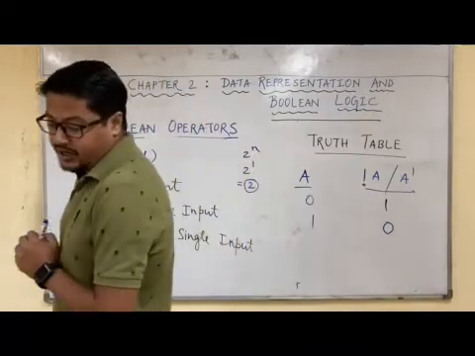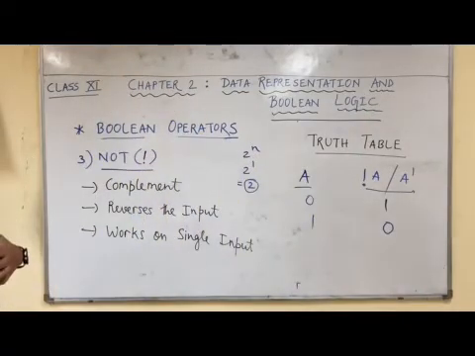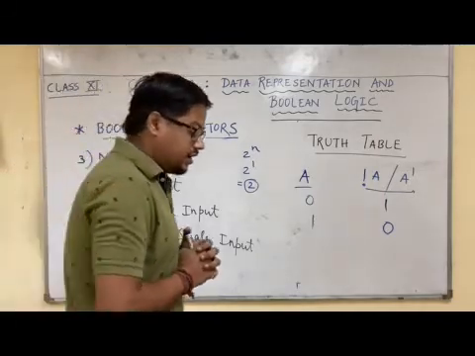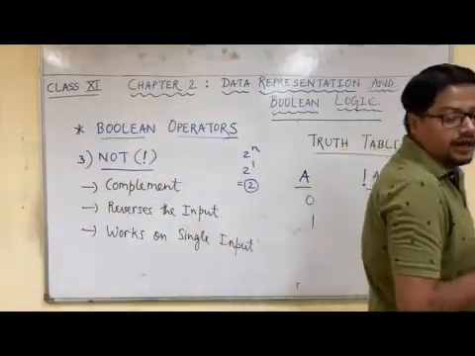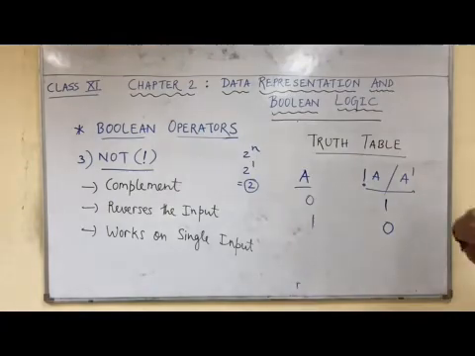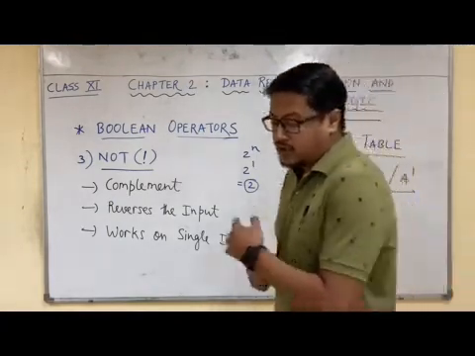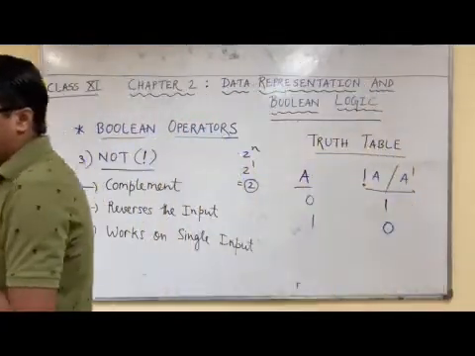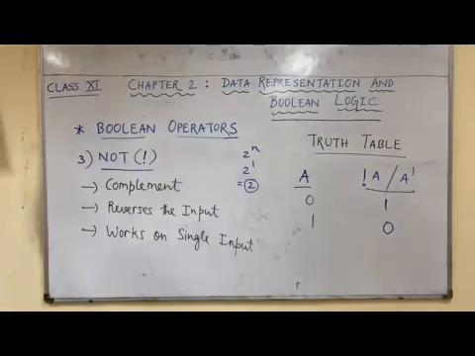In the OR operator, the output will be 1 if any of the inputs is 1. And the AND and OR operators can work on multiple inputs, that is 2 or more. The speciality of the NOT operator is that it works only on a single input. It is also called complement. Whatever input is fed to it, it will reverse that, as you can see in the truth table.